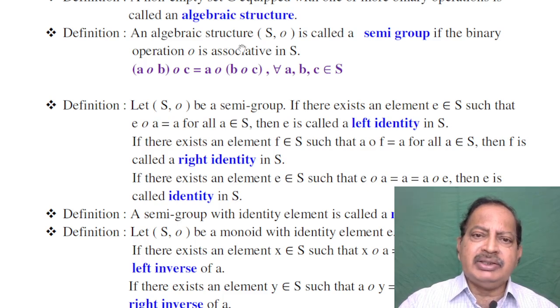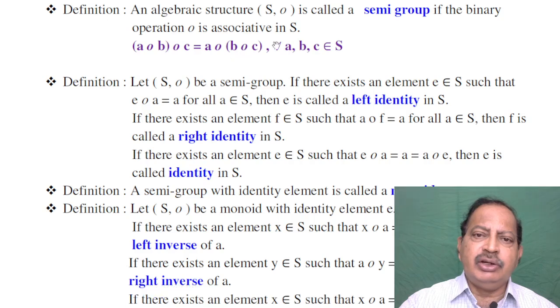An algebraic structure (S, circle) is called a semigroup if the binary operation circle is associative in S. We write in symbols like this: (a circle b) circle c is equal to a circle (b circle c) for all a, b, c belonging to S. Here we are considering an algebraic structure (S, circle).